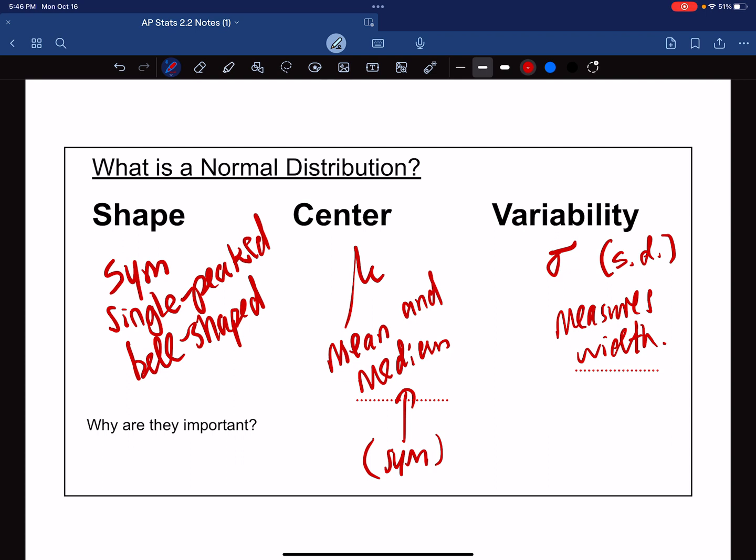Why is the normal distribution important? Well, we're going to use it later in the course. That's number one. Other reasons: they're really good approximators of chance experiments, like rolling dice or flipping coins, or even any sort of gambling or game theory.